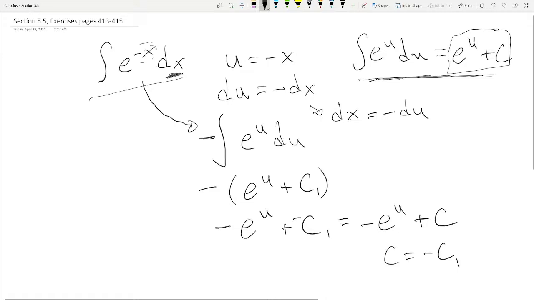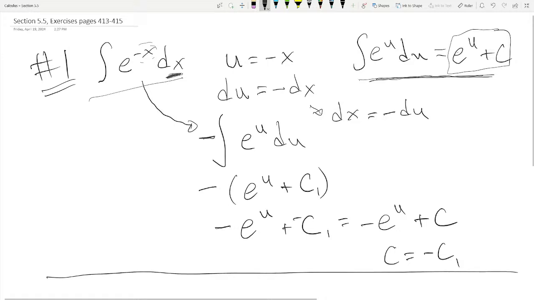If you've done any integrals, you know you don't want to do that every single time. So I've done it once here, and from now on I'll just write plus c after I finish the integral. Okay, this is number 1. It's now complete. Let's move on.